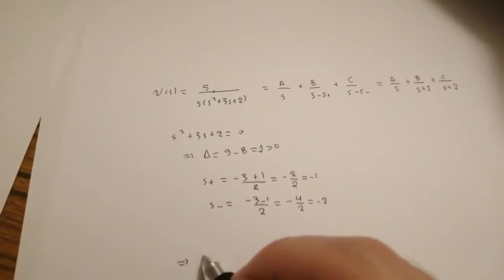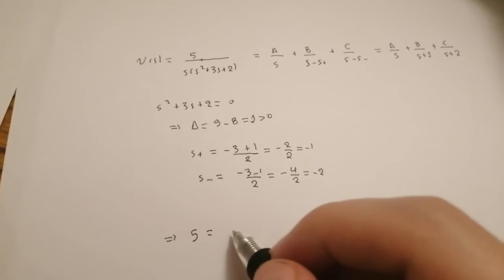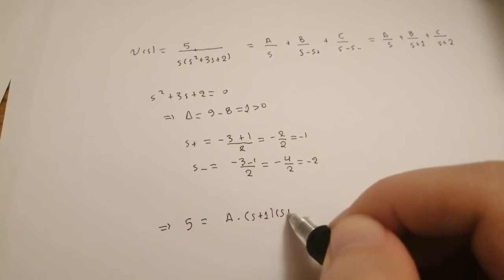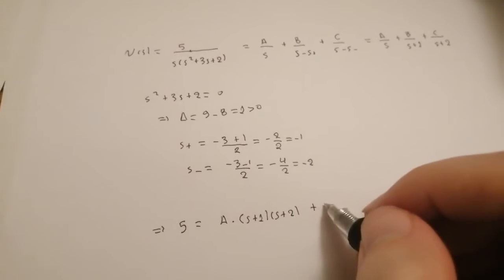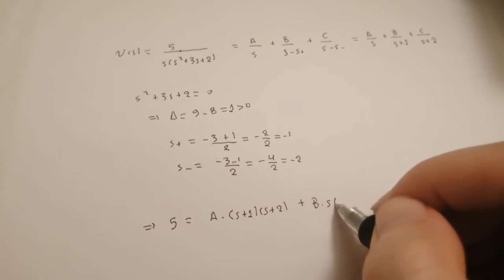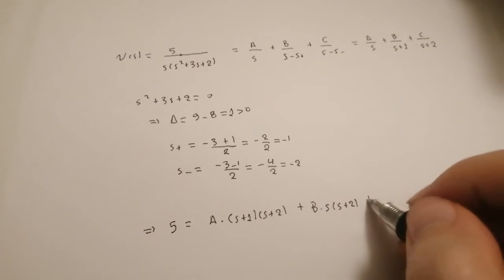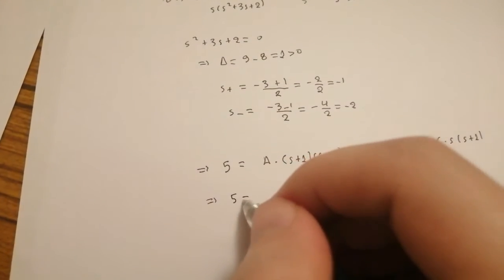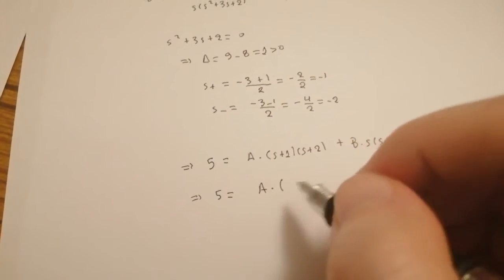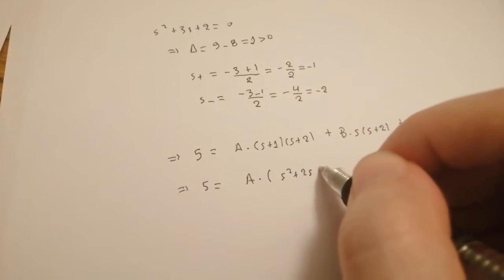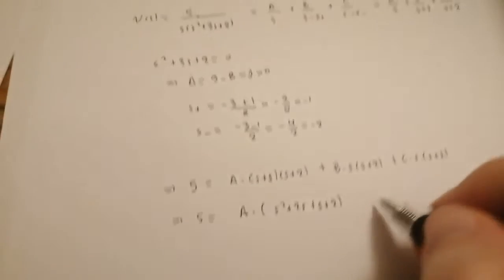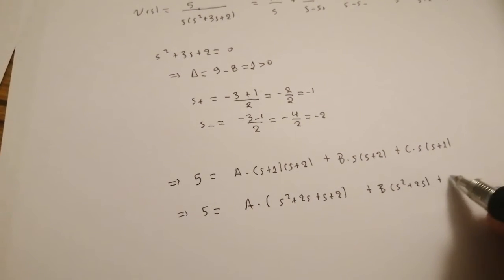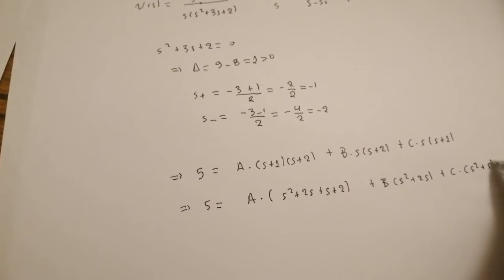Okay, so it should be 5 is equal to A times (s plus 1)(s plus 2) plus B times s(s plus 2) plus C times s(s plus 1). This is A times (s squared plus 2s plus s plus 2) plus B(s squared plus 2s) plus C(s squared plus s).